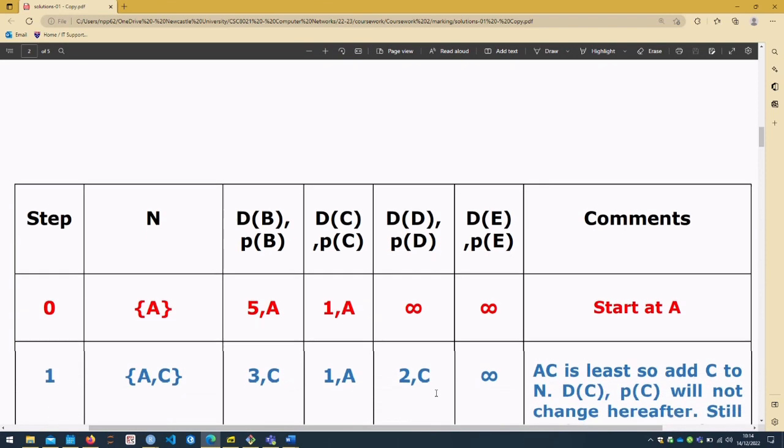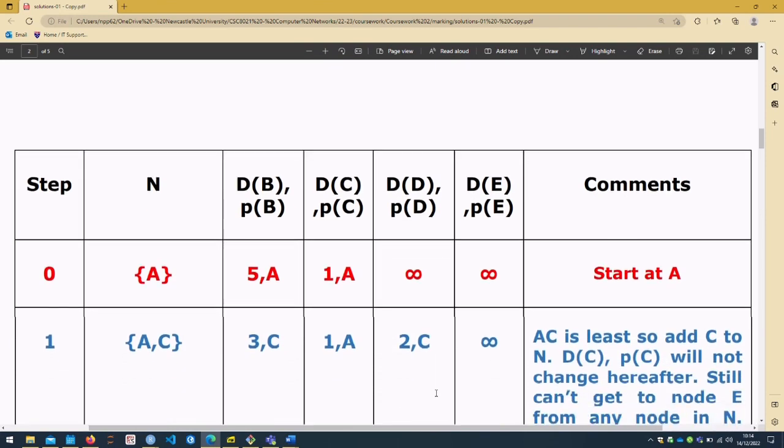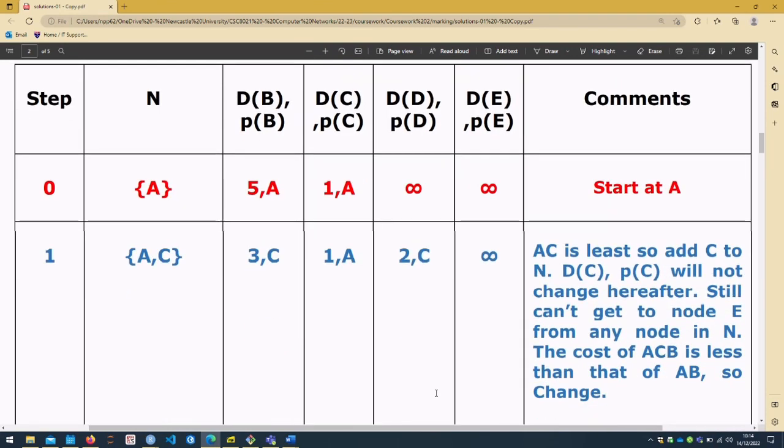In step number 2, we move on to the node of least cost, and that was C. Now looking at it from C's perspective, we add C to our set of known nodes.